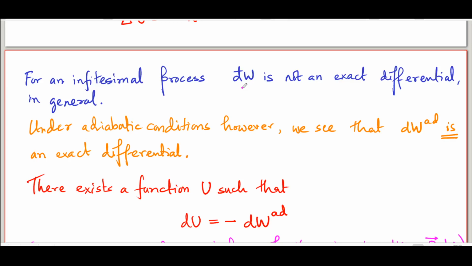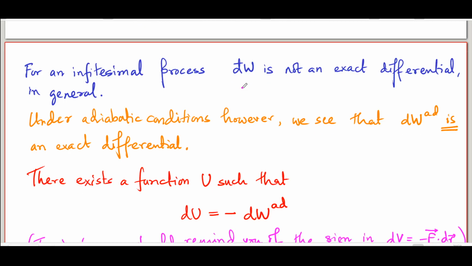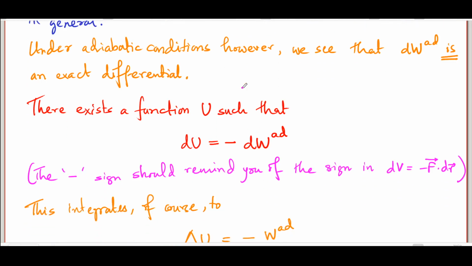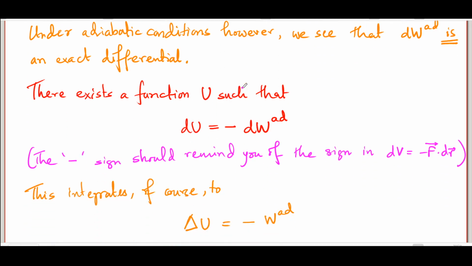The minus sign again arises from the same reason as before, and it should remind you of the mechanics law that dV is minus F dot dr. And this of course integrates to delta U equal to minus W adiabatic, which is exactly what we have already said is the first law of thermodynamics in the language of internal energy.